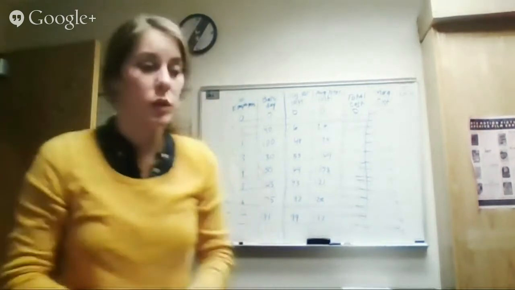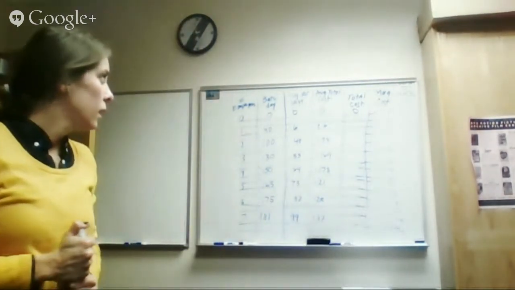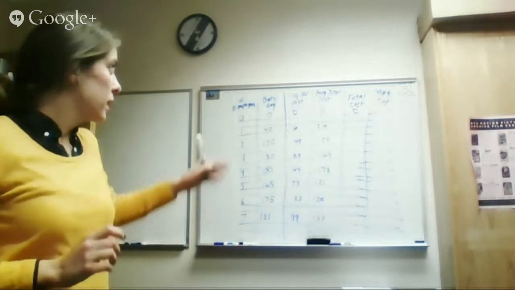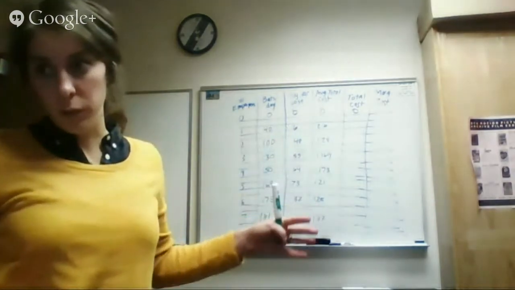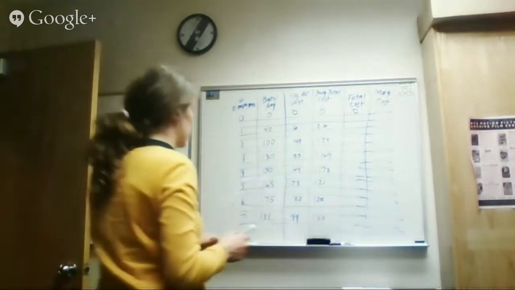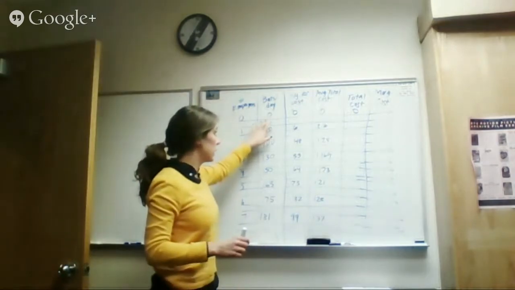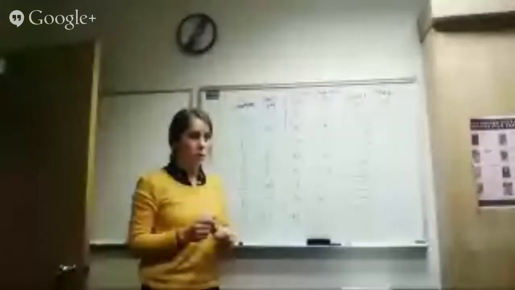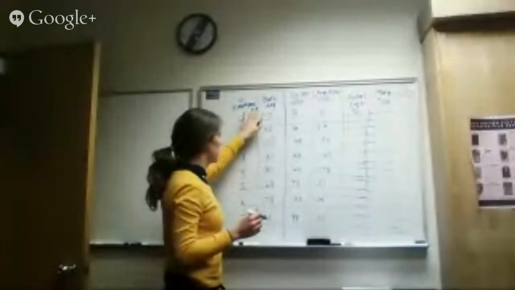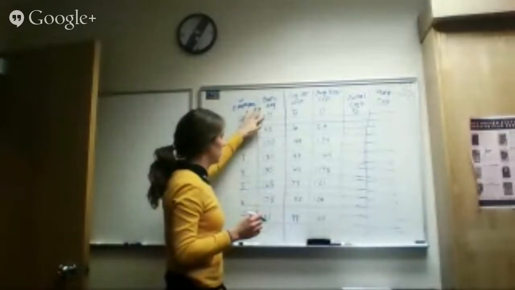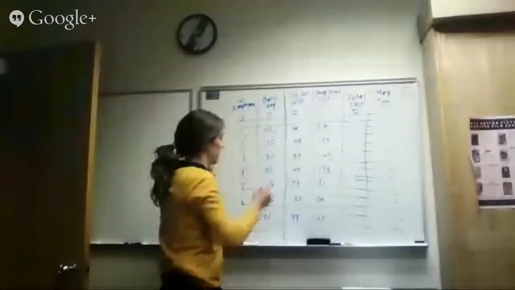Normally you would create a new column for doing this, but I'm actually just going to put in green in between bats per day what the marginal increase is. So I'm just going to do 40 minus this area right here.